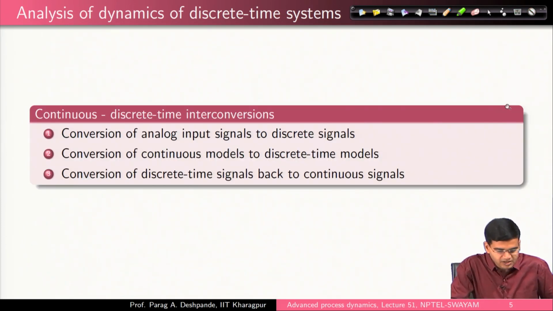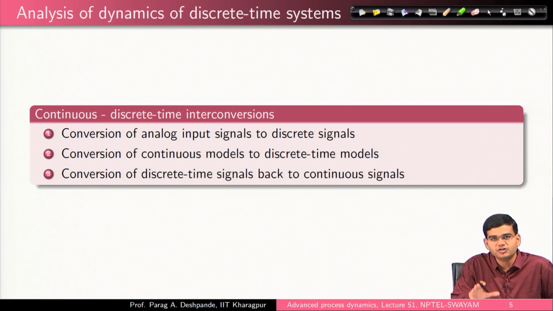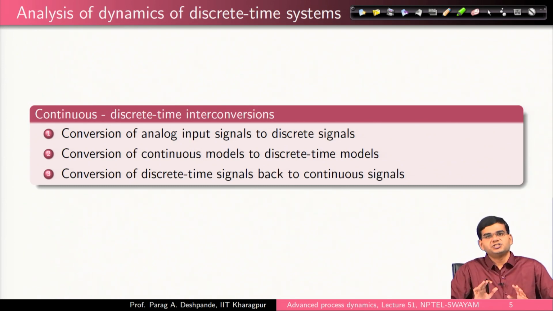So, what are the different processes which are inherent to this complete control algorithm which we developed, in which control was taking place exclusively by digital computers? The first thing is, so we realize that interconversion of continuous and discrete time signals is imperative.